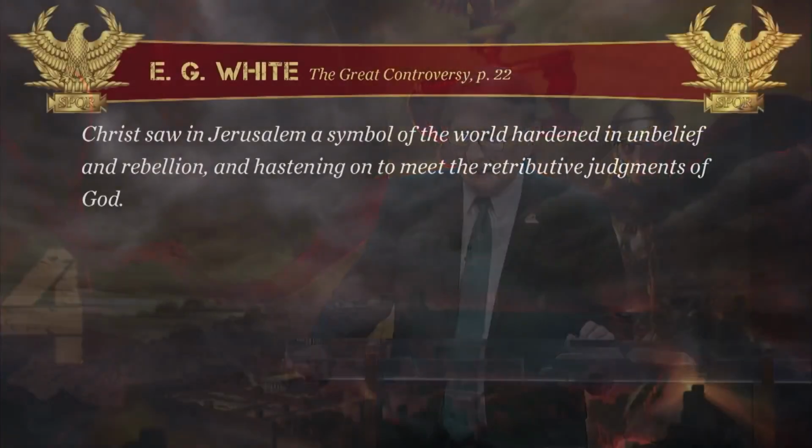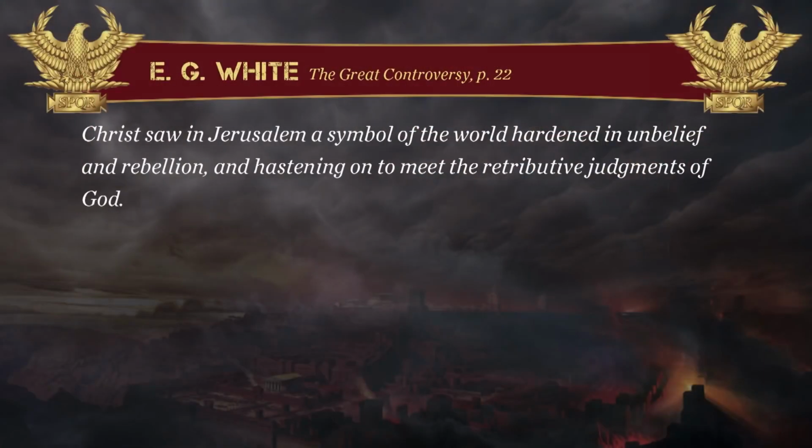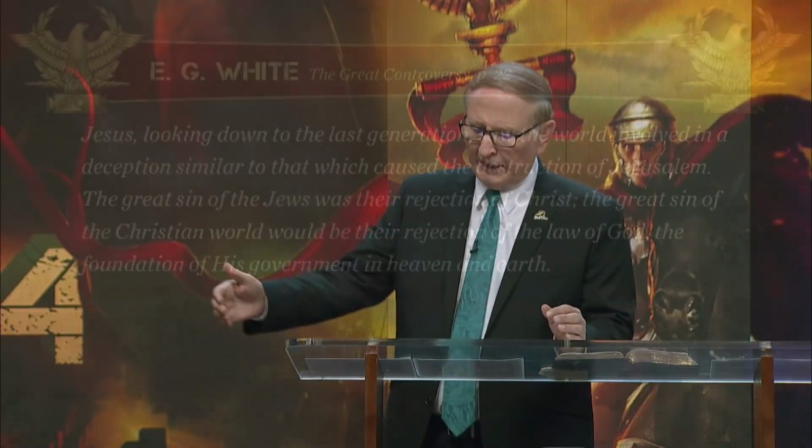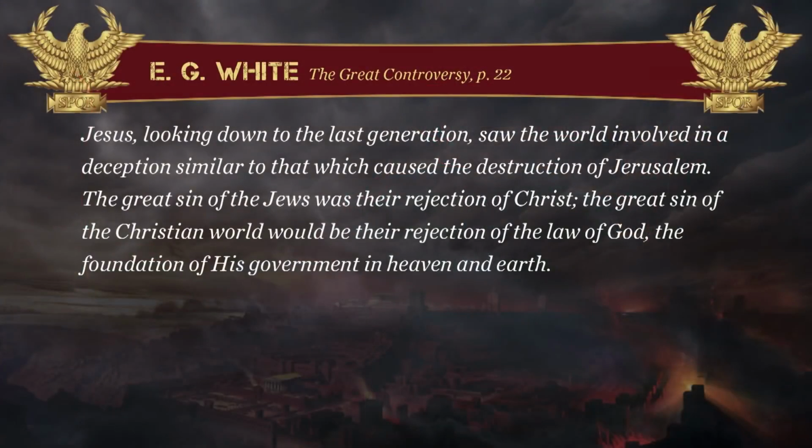Here's another one, Great Controversy, page 22. Christ saw in Jerusalem a symbol of the world hardened in unbelief and rebellion, and hastening on to meet the retributive judgments of God. In Great Controversy, page 22, she wrote, Jesus, looking down to the last generation, saw, listen carefully now, saw the world involved in a deception similar to that which caused the destruction of Jerusalem.